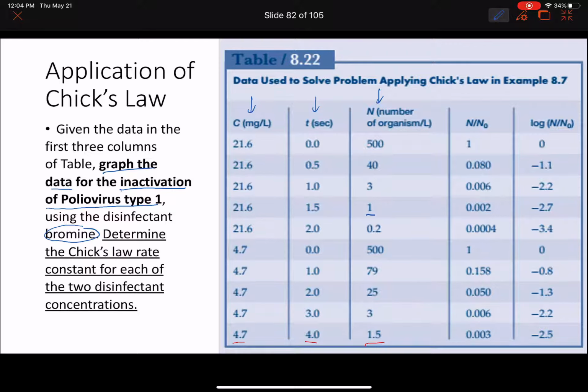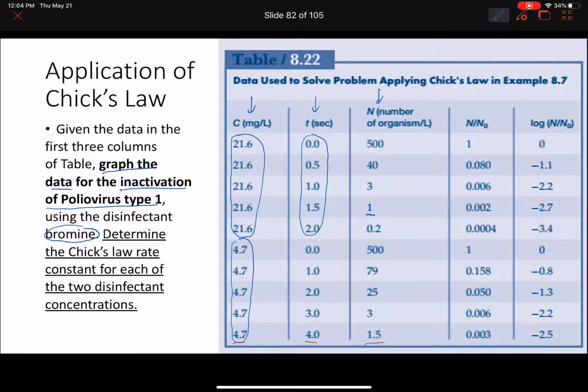So we have, first of all, you're adding bromine at 21.6 milligram per liter, and they are checking this versus bromine at 4.7 milligram per liter. Two experiments. And they are checking the time from 0 to 2 seconds for the concentration 21.6 milligram per liter bromine.